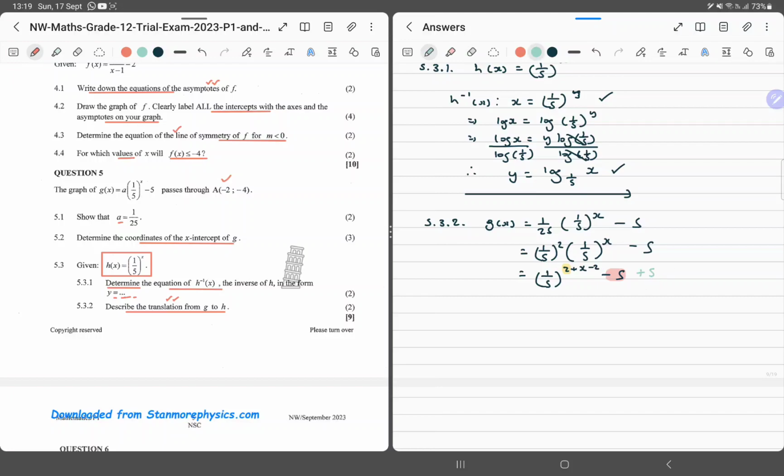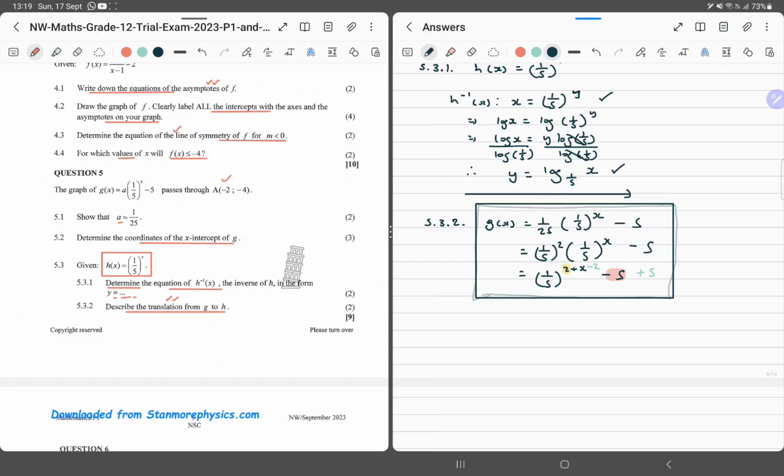It means we added 5 here and essentially we subtracted 2 from there, so that we end up with h of x. Remember, this is not the answer. This is your thought process. You don't even have to show this.